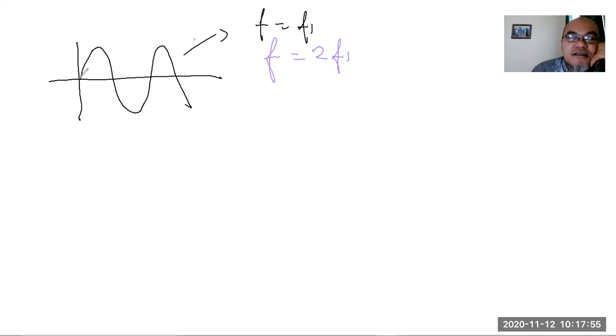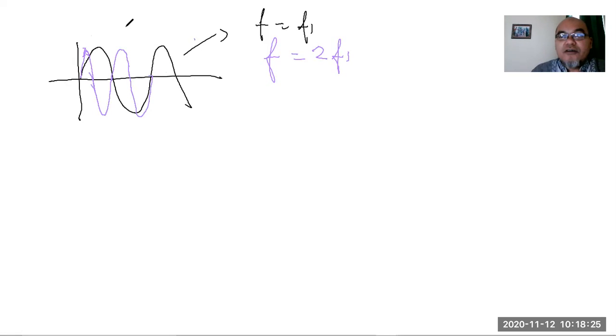The amplitude is the same, and let's say the phase is 0, so they have the same phase at t equals 0. If we draw it, it will look like this. It is twice as quick, or 2 cycles more than the first signal.